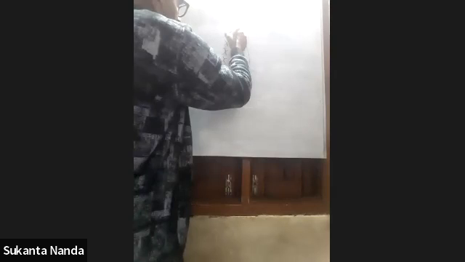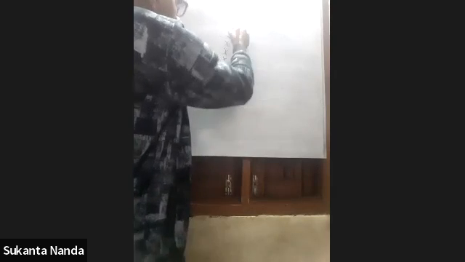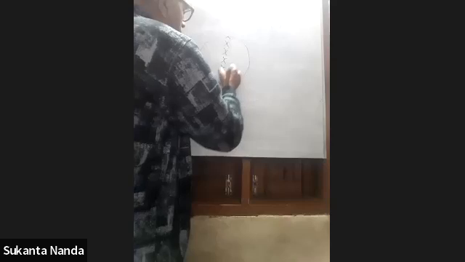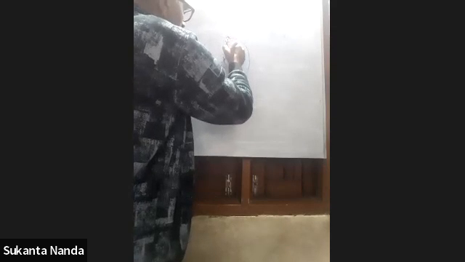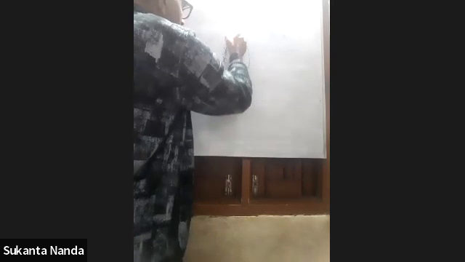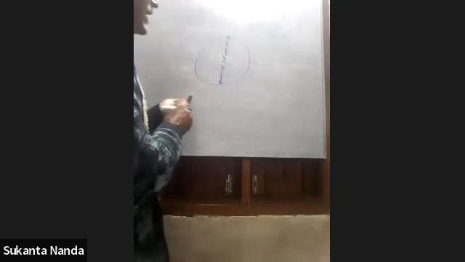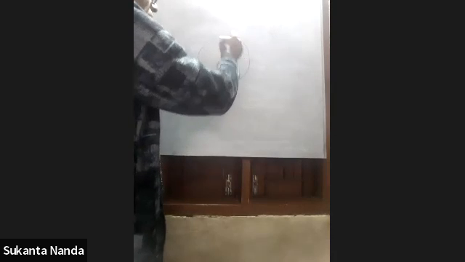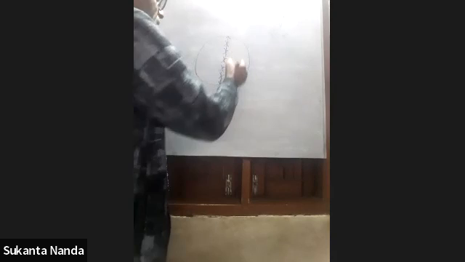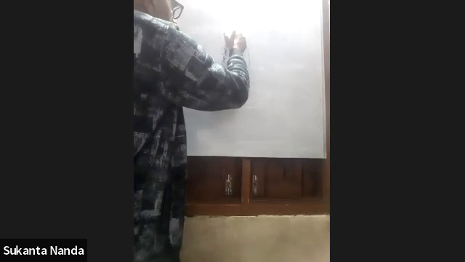So you see this is a centriole, here is another centriole. They will be attached, you see, attached to each other. That is called the equatorial plate.